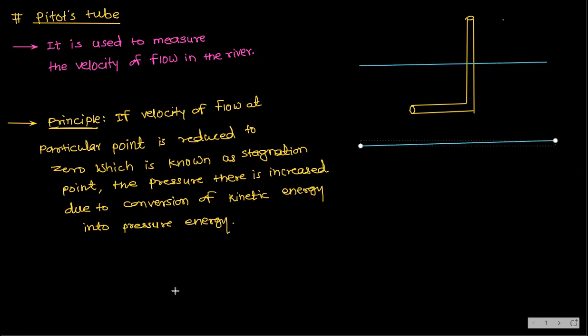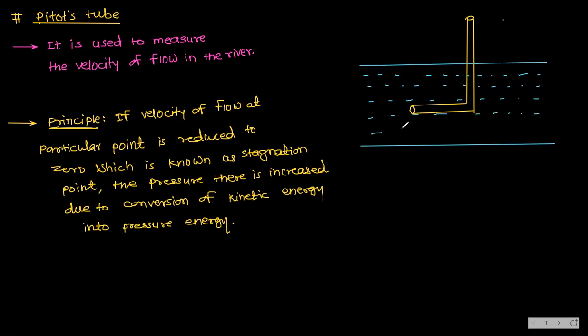Okay, this is a river in which water is flowing. Now this water is flowing in this direction. Let us assume that this point is A and this velocity is V, that is the river velocity.